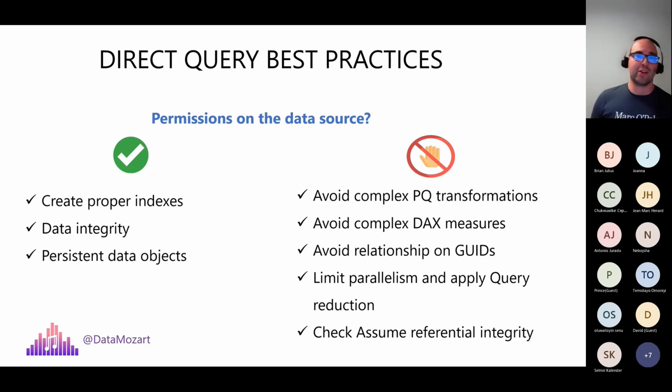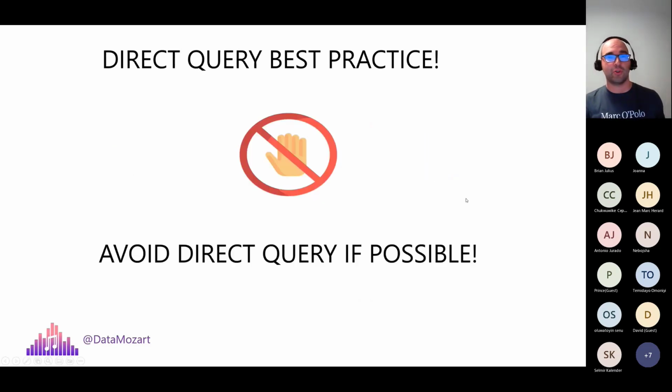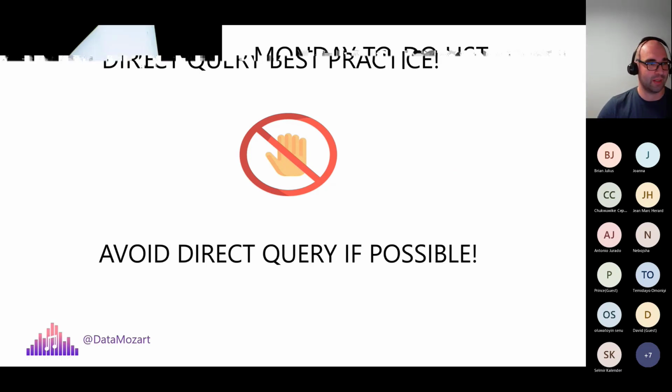Of course, as a prerequisite, you should have referential integrity in place within your source database, but I hope that's the case regardless of Power BI. So to conclude, the best practice regarding DirectQuery storage mode is to avoid DirectQuery if possible.